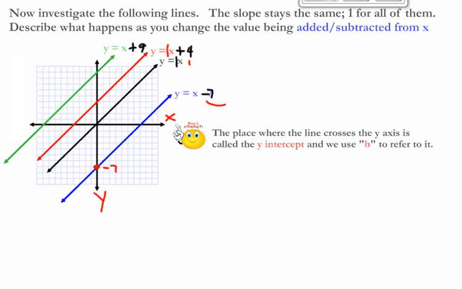This one, you could write +0, crosses at 0. The red line crosses at 4. And the green line crosses at 9. So those values where the line crosses your y-axis is the number that is attached at the end. It's called your y-intercept, and we use a B to refer to it.